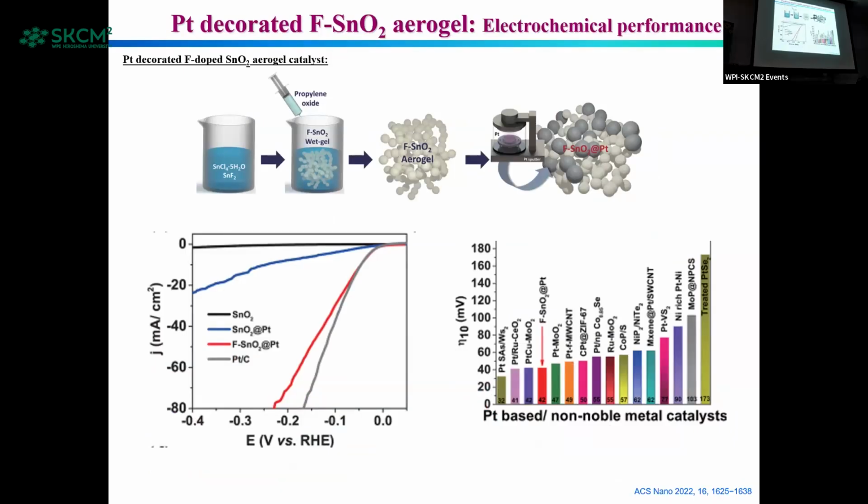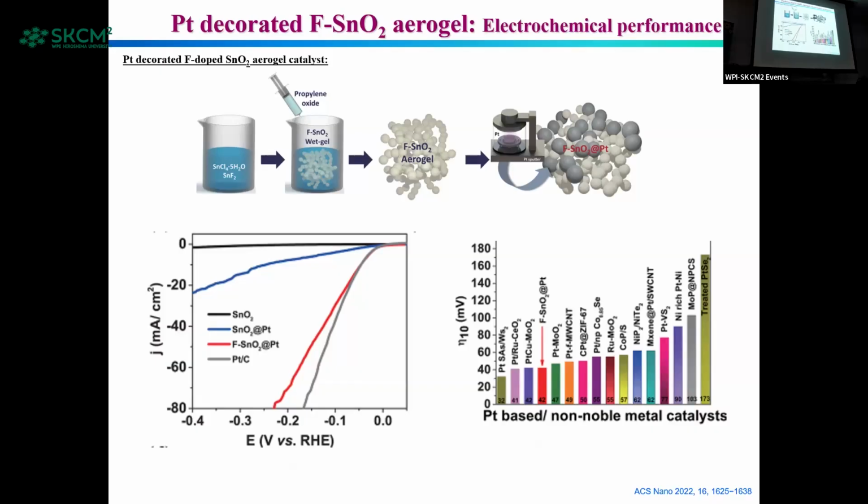In another work, we used the aerogels for electrocatalysis, which is a common energy conversion approach that people are working on nowadays. This work we published in ACS Nano, where we prepared tin oxide aerogels, fluorine-doped tin oxide aerogel modified with platinum.